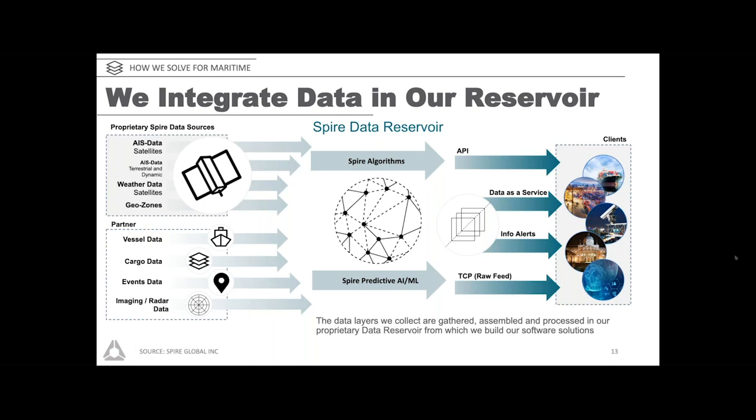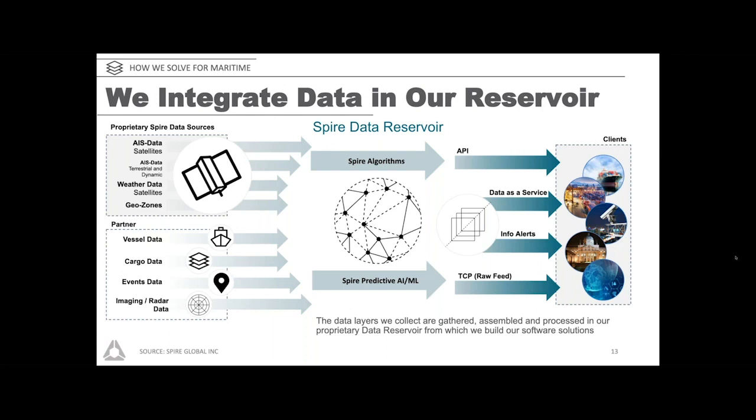With all that, we have our own proprietary algorithms of AI and machine learning to predict events, predict locations, all sorts of things. And then we put that in through our API or a TCP feed, and that gets to our customers. So it can be extremely customizable what you want to see through our application.